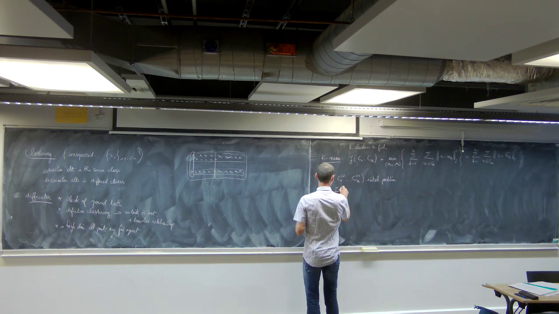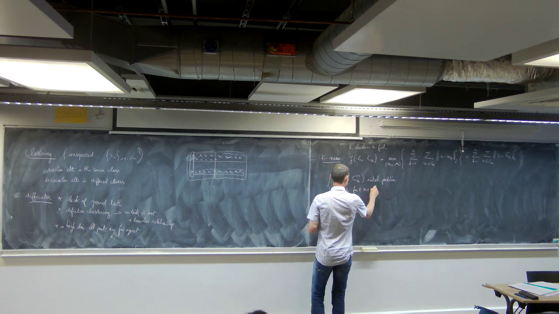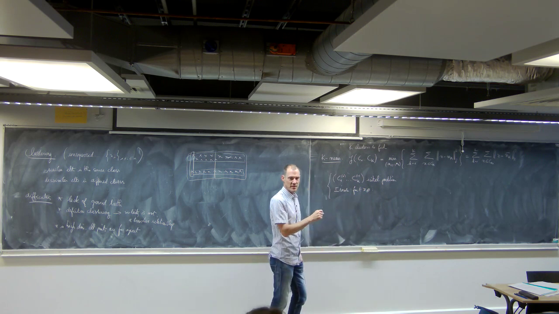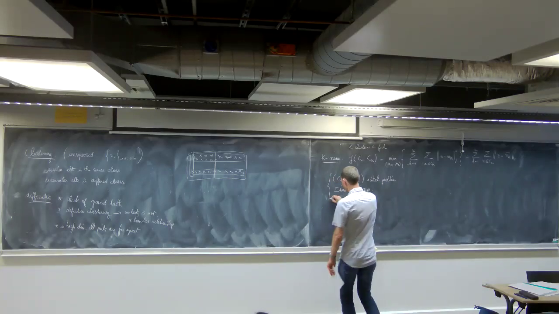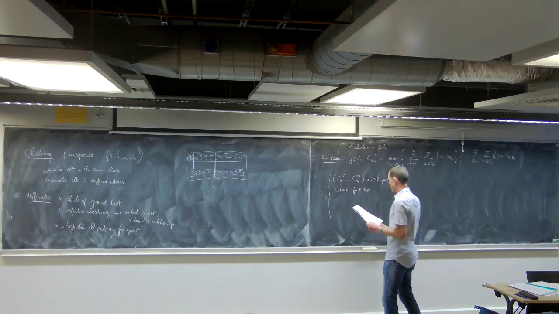And then you iterate for t larger than 0. By the way, who is familiar with k-means? Well, okay, some of you. Here, I don't pretend to have an original presentation.